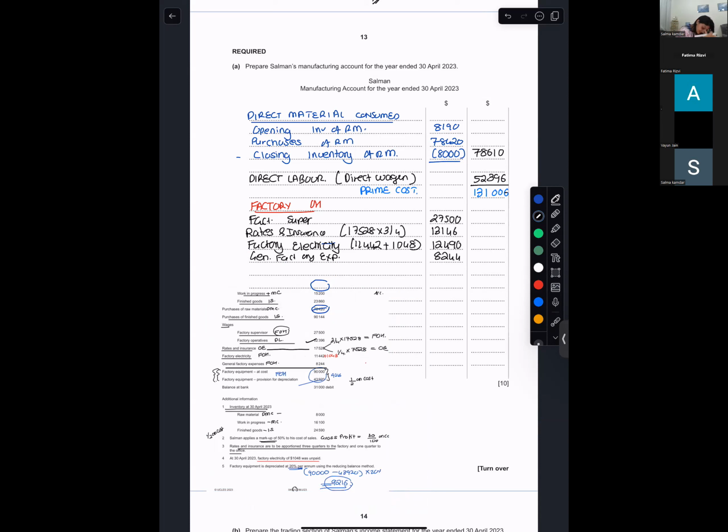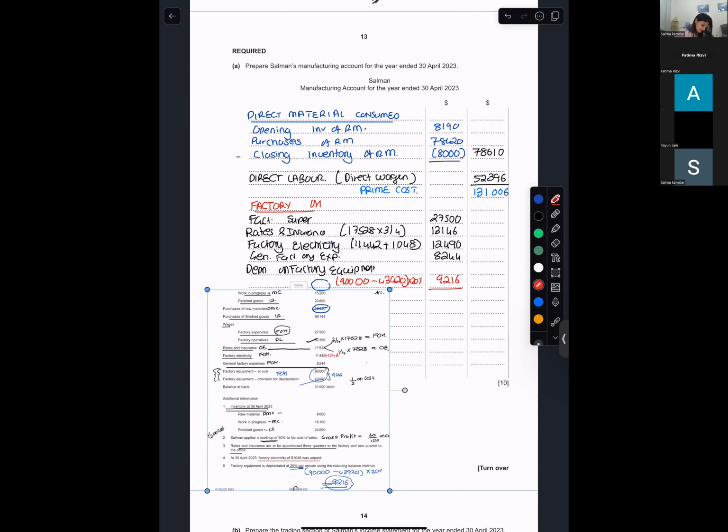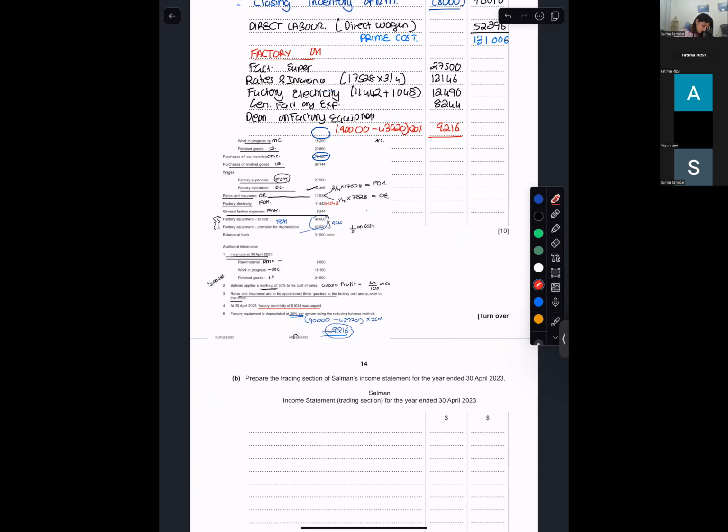After that, depreciation of factory equipment: 90,000 less 43,920 times 20%, you can show the working over here. So 9216. So your total of these expenses would give you what?